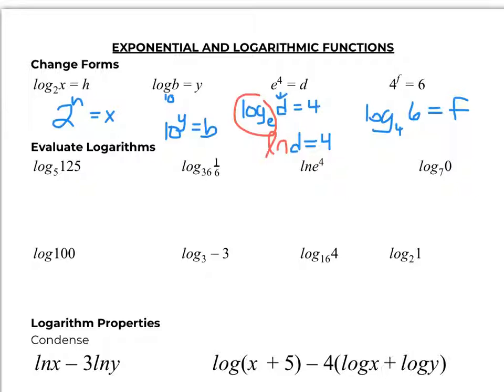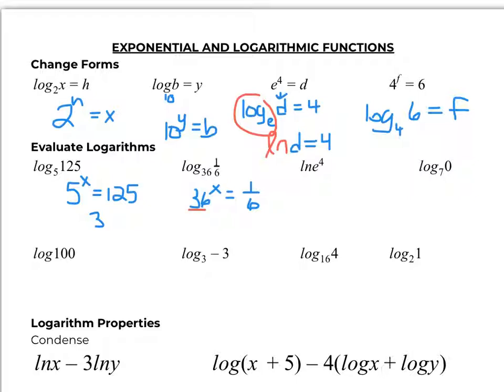Okay, so when I'm evaluating, we're asking what power of 5 gives me 125, and the answer to that would be 3. What power of 36 gives me 1 over 6? That one I don't know off the top of my head, so what we want to do is rewrite things in terms of the same base.